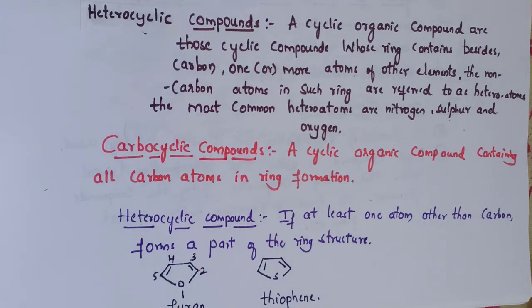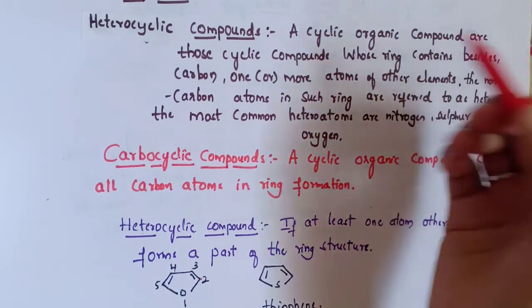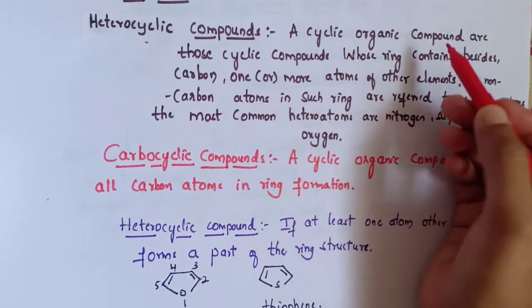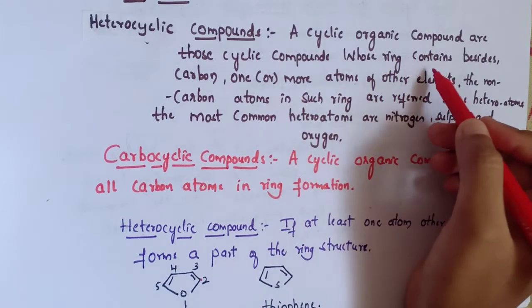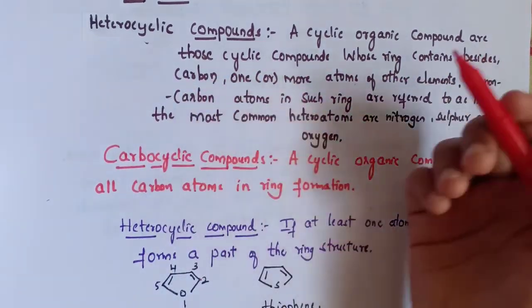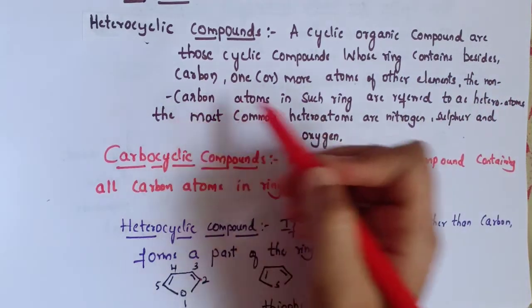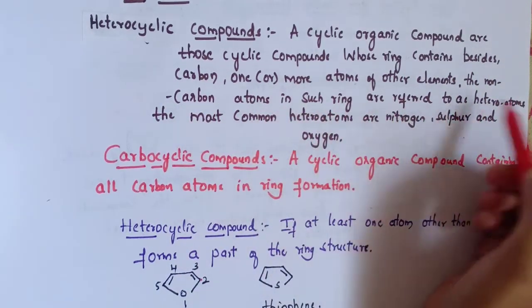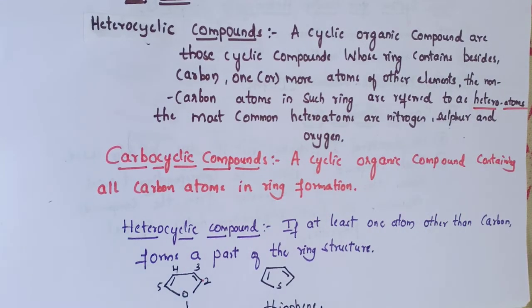Now the very correct definition of heterocyclic compounds is that it is a cyclic organic compound, or cyclic compounds whose ring consists, beside carbon, of one or more atoms of other elements. The non-carbon atoms in such a ring are referred to as heteroatoms. The non-carbon atoms, you may take oxygen, nitrogen, sulfur, like that.